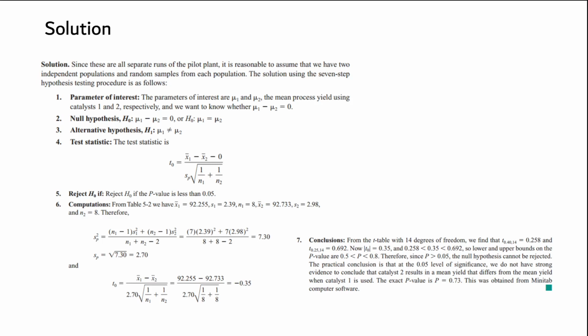So after doing the calculation, we can draw the conclusion by using the p-value approach or by comparing the T0, the test statistics, with the critical T obtained from the T-table at the respective degree of freedom.